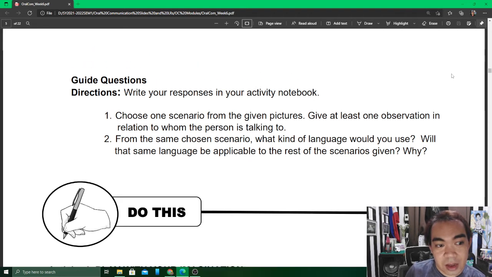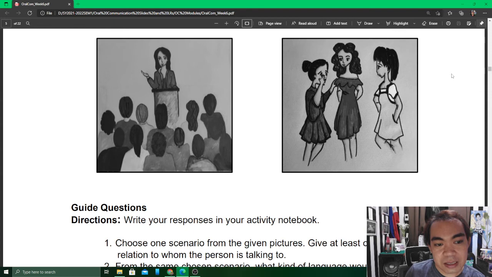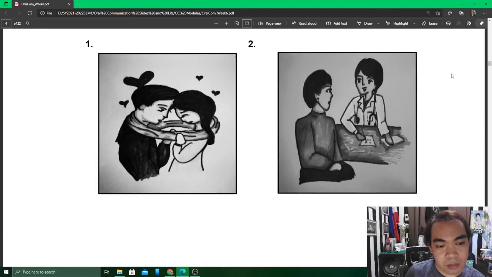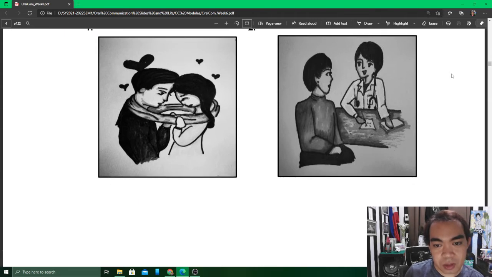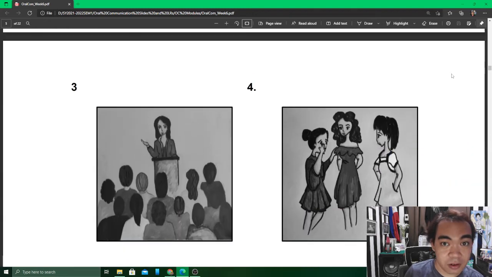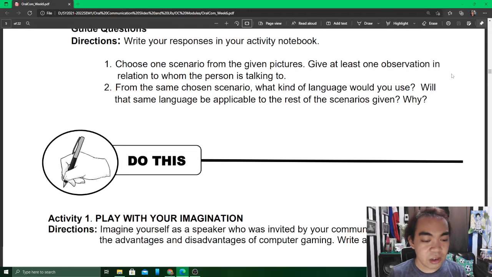Then, ang question is kung anong klase ka language ang gingamit sa amo na iya nga situation. Example, kung diri sa number 1, anong klase ka language ay hanang ila ginagamit? Is it the same as the language that we would use in number 2 or in situations in number 3 and number 4? Amo na ang focus ang part B sa ating try this.